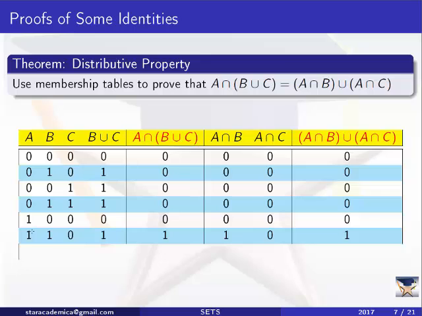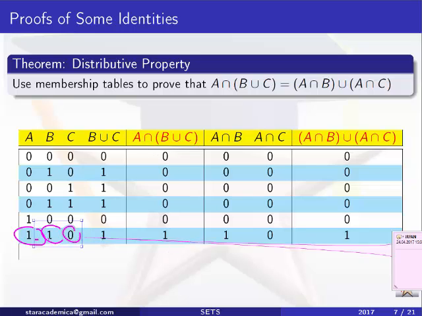So let me take another example, like A and B, okay, and C is 0. So element, element, not element: true, true, false. What is B union C? It is 1, because it's in B, it's not in C, it's in the union. What is A intersect B union C?